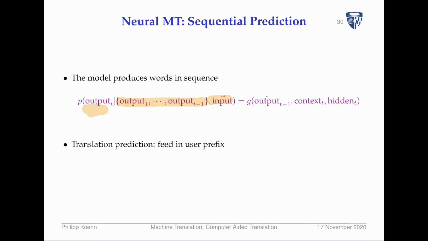Usually we feed in as the previous output words the previous model predictions. In our scenario, however, we can just feed in the user prefix as the output conditioning. So we just feed in the user input as the prefix and then let the model make additional predictions for the next word.